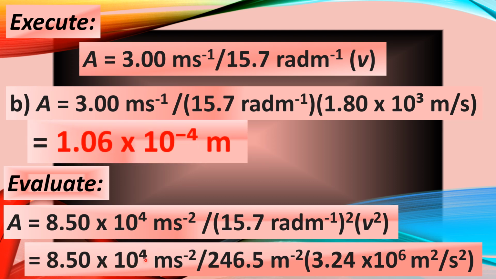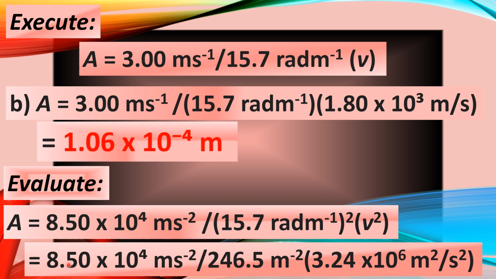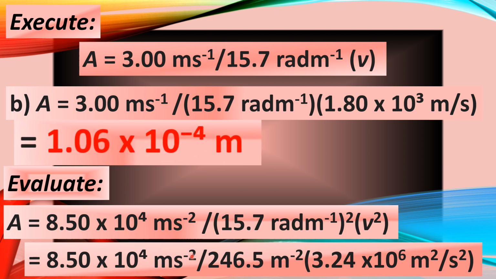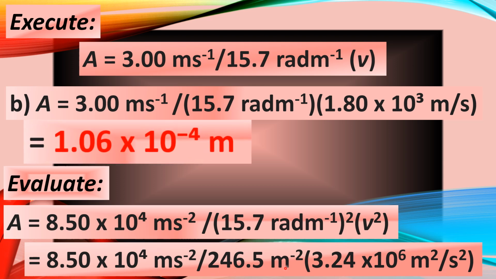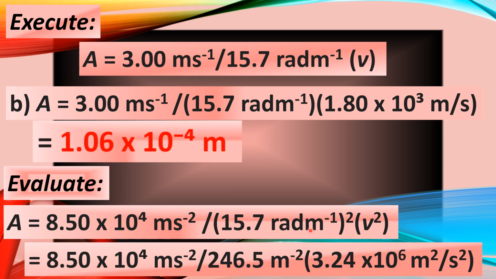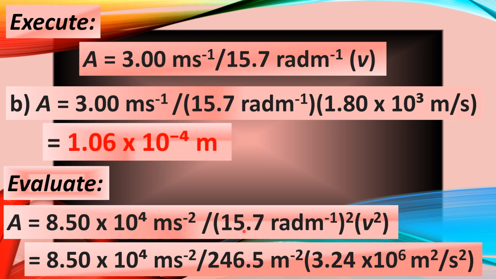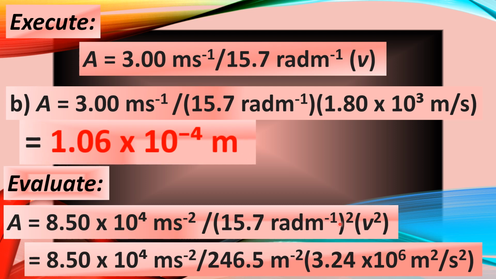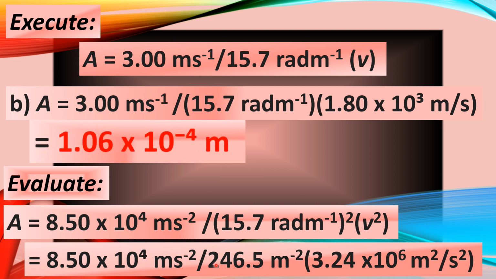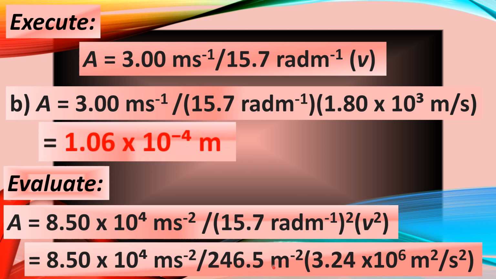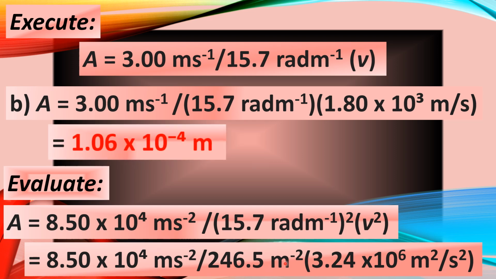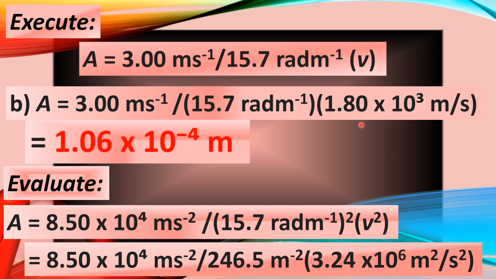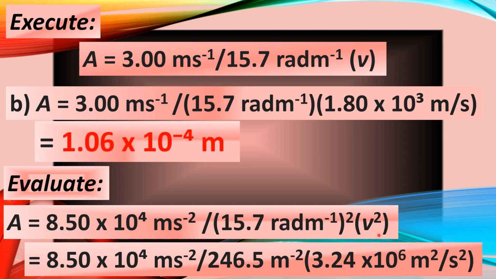This is the value of a sub y, or the transverse acceleration, and that will be divided by the square of 15.7 radian per meter, which is in fact 246.5 meters per meter squared, and also the square of the computed speed of the wave propagation.